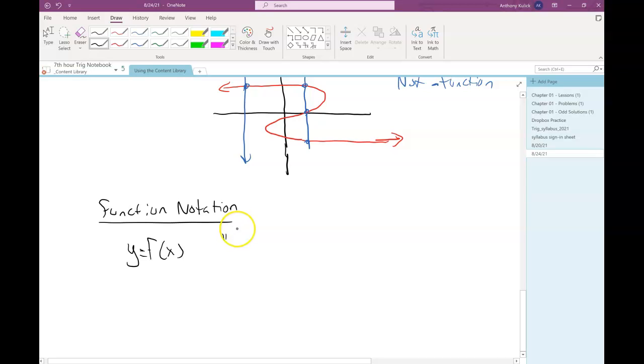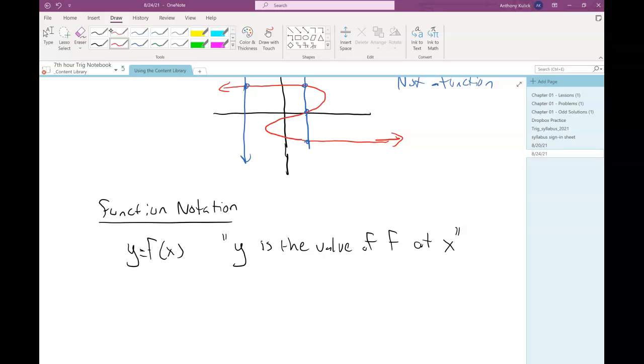And what y equals f of x is really saying is that y is the value of the function f at x. In all reality, it's not much different than just saying y equals and then the formula.